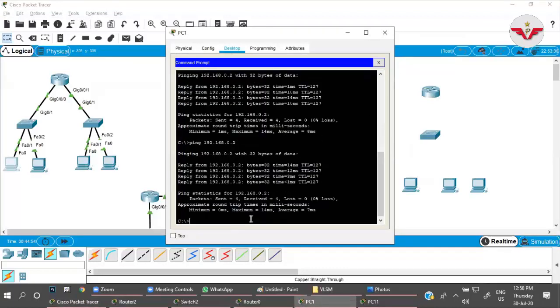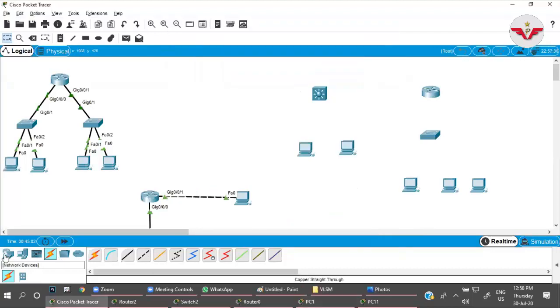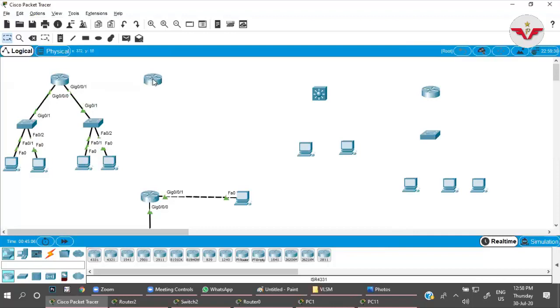Unless you have a different router added, exactly. Unless you have two routers, that's when the static routing table will come into place. Definitely.